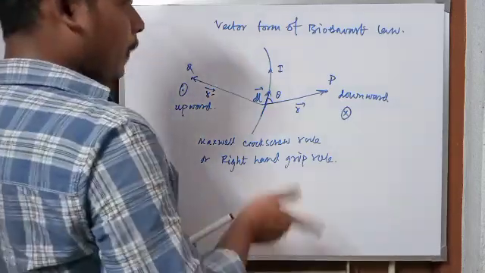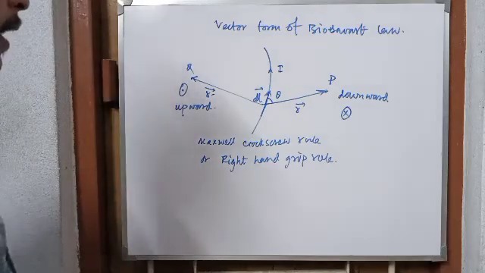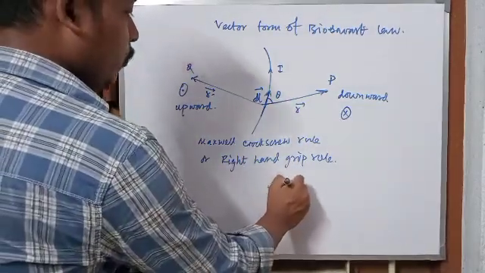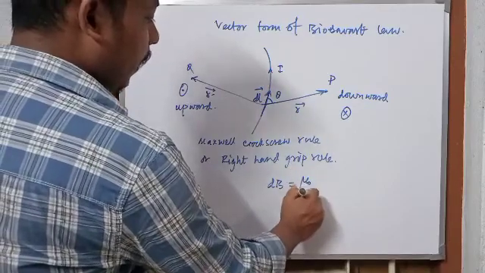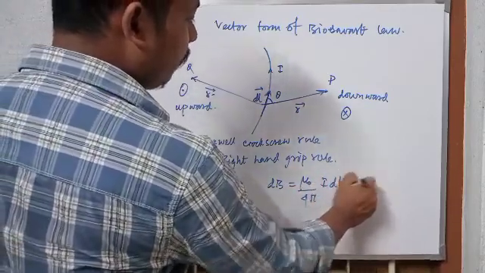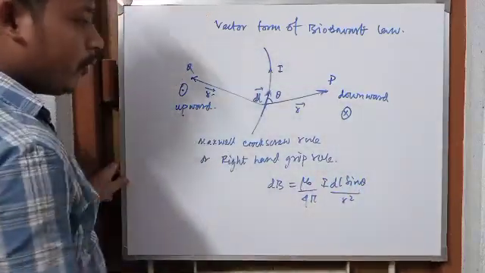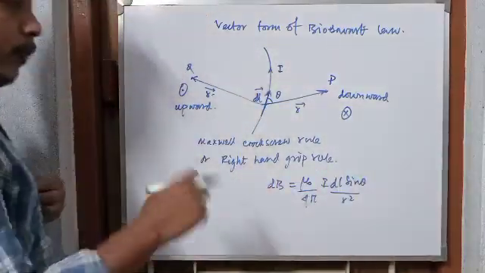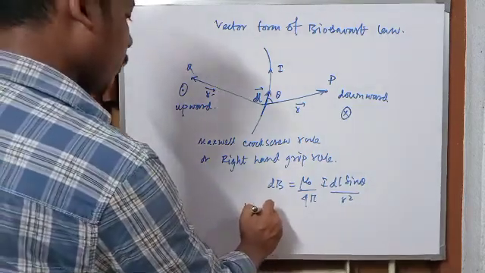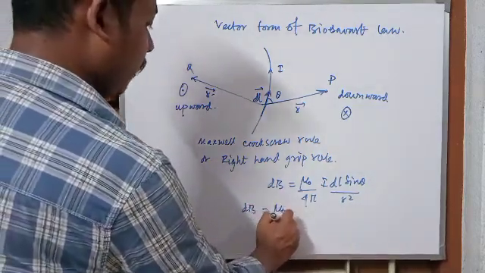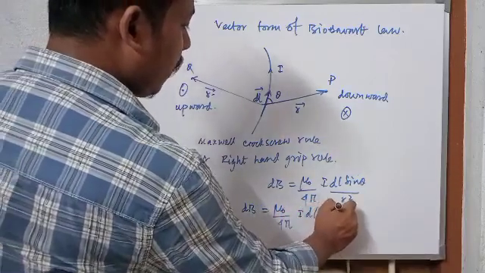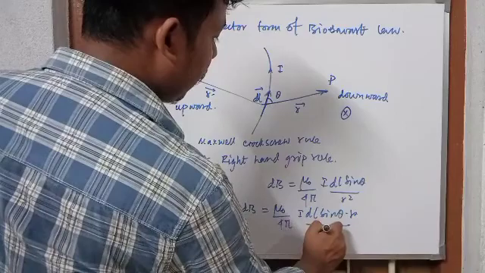Now the angle between dl and r is theta, and the formula is dB is equal to mu naught by 4 pi I dl sin theta by r square. Now if we multiply r in the numerator and also in the denominator, then dB will be mu naught by 4 pi I dl sin theta into r by r cube.